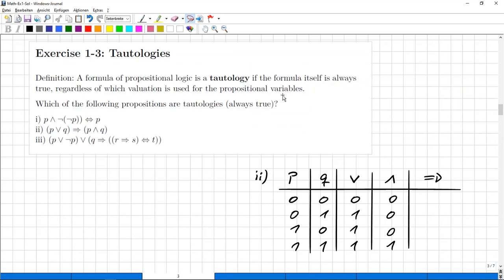And you know the topic of truth tables. That's the most secure method: write down the complete truth table and then check every single line and look for the result. If it's always a logical one in the right column, then by definition it's a tautology.